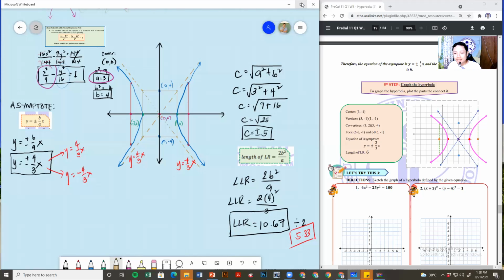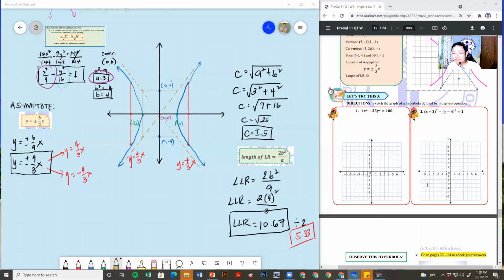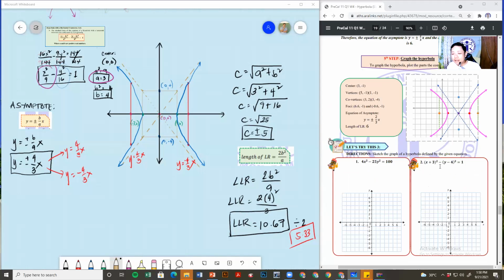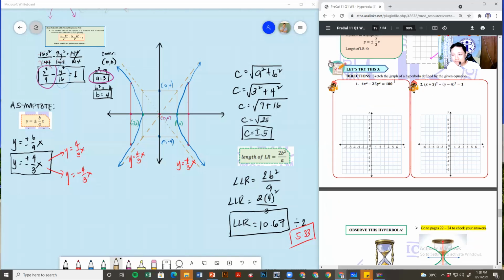Ito yung may but 4, 5, 6. Okay. Yung may HK naman po. Okay. Sure. Special request. Sir, yung pong may HK. Let me see. Ito. Look at this. This equation will lead us to a 0, 0 center.